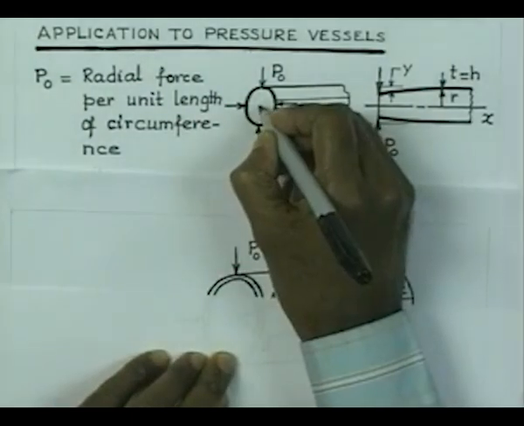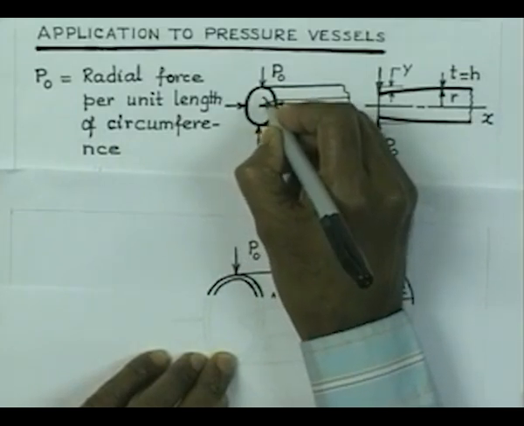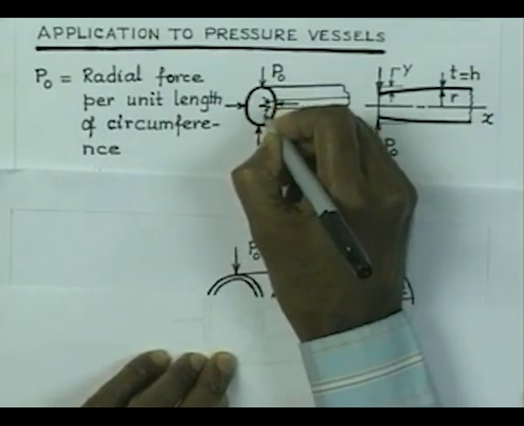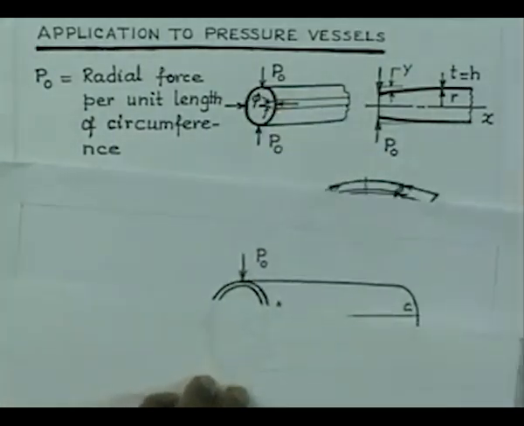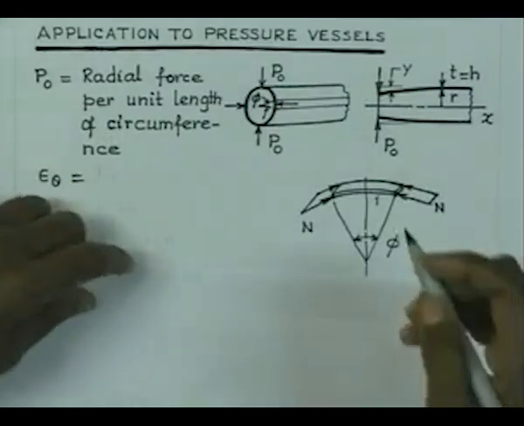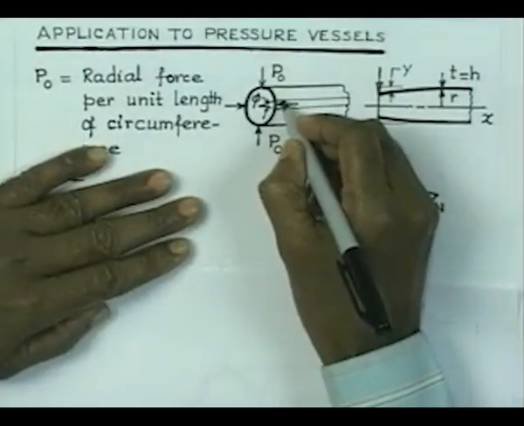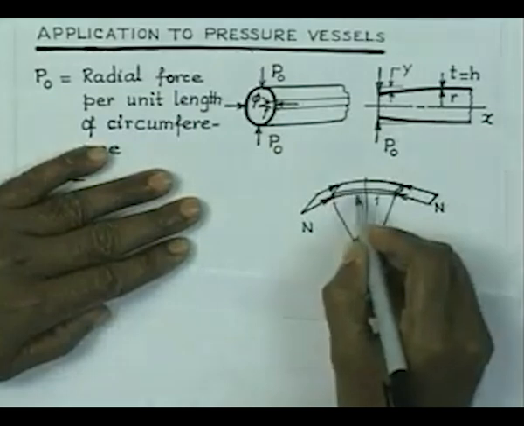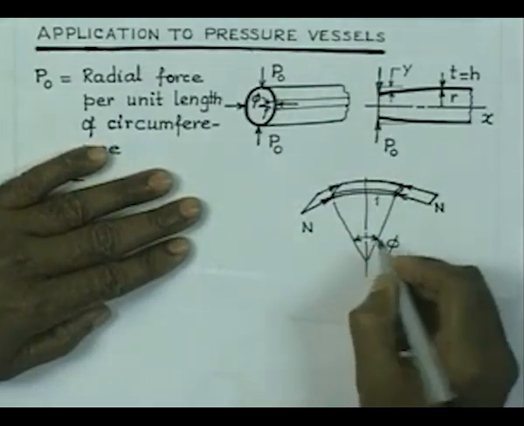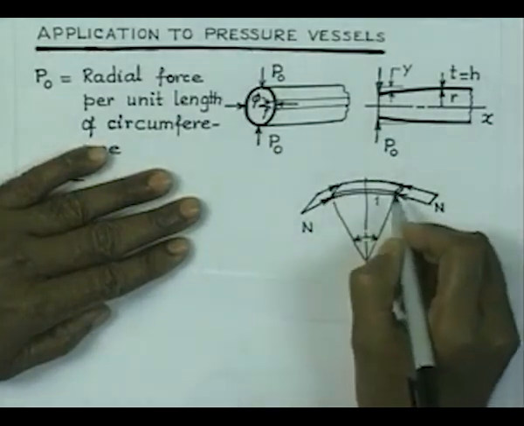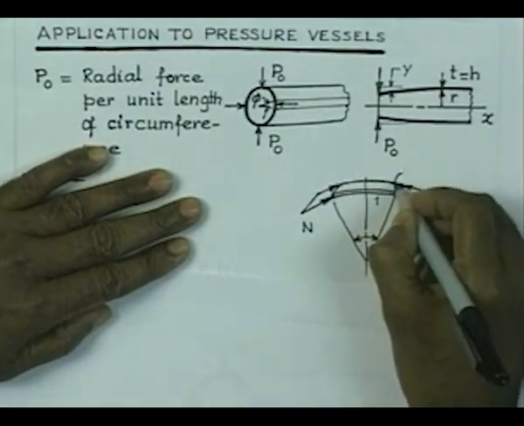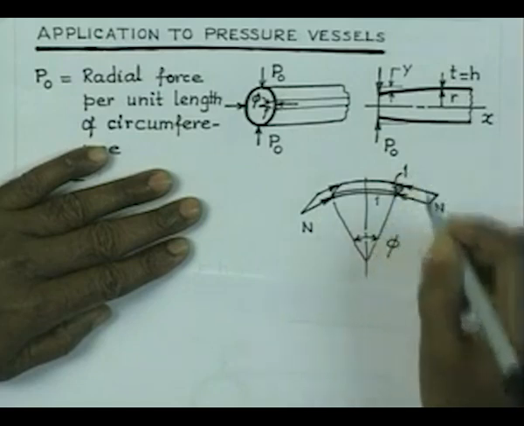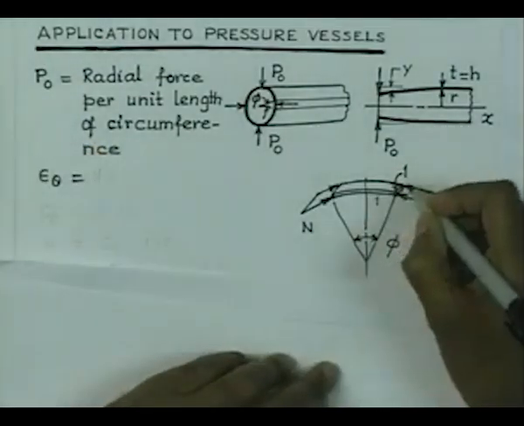Now, we just take this sector which is making an angle at the center, let us say that this is making an angle of phi at the center, and we try to now look at that, we just consider a portion here which is drawn to a larger scale. So, this is the angle phi and this is the portion which is in this direction, and in the perpendicular direction we have taken again one unit length in the length direction.